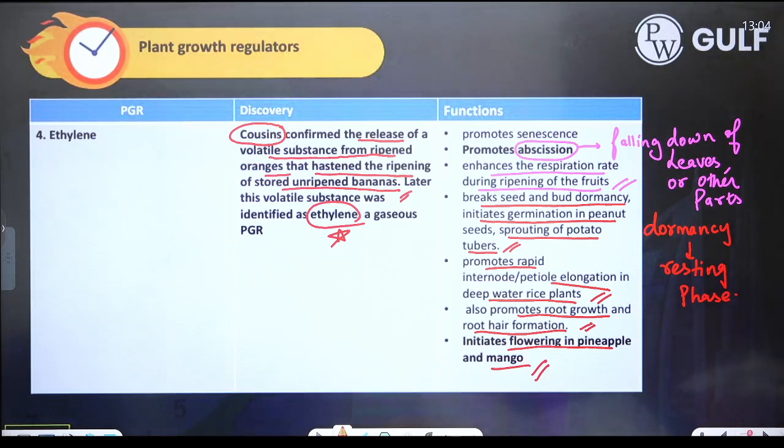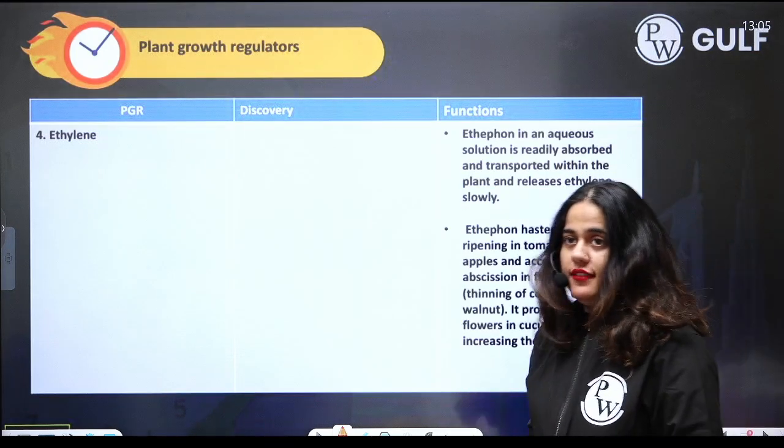Observe each one of the functions here. Okay, let's see the next function.